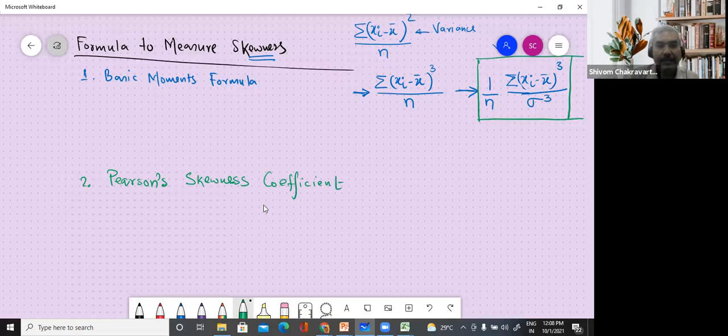So this basically uses mean and median. I'll write down the formula. It is very simple. So 3 multiplied by mean minus median, divided by the standard deviation. This also gives values which are in that range.